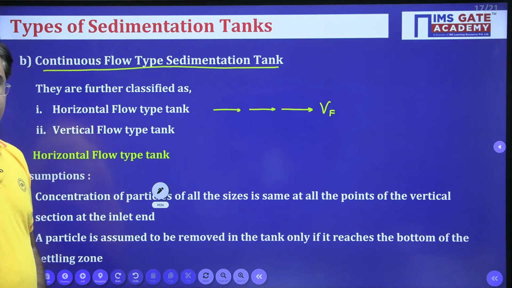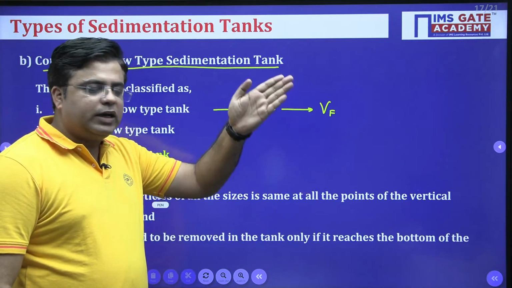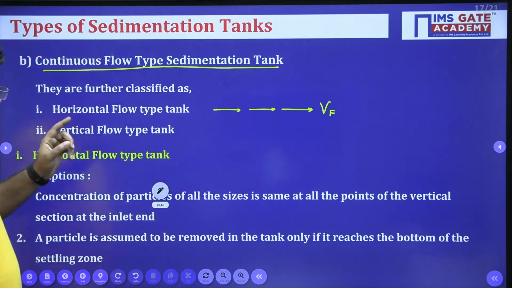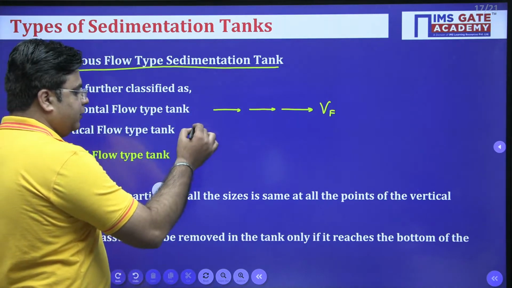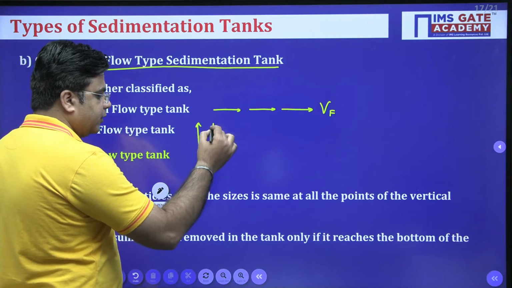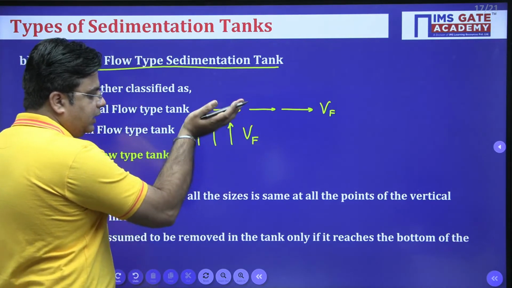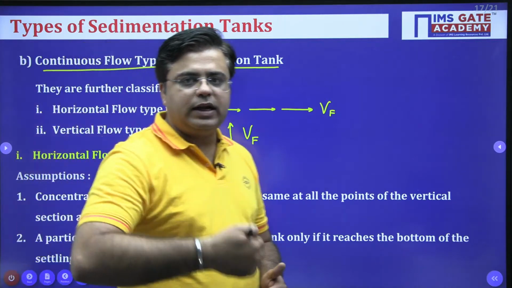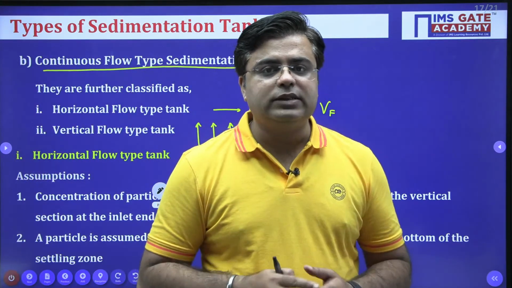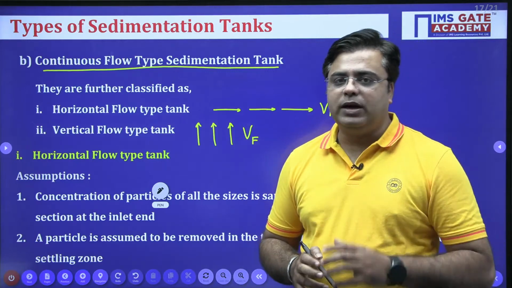If the direction of flow is in the vertical direction, or along the vertical plane, then that type of tank is termed a vertical flow type sedimentation tank.